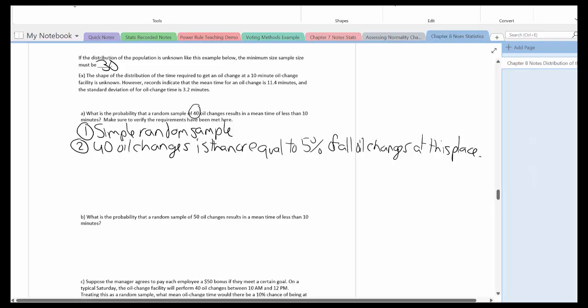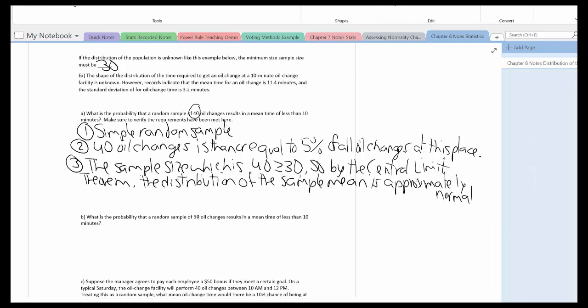Well, 40 is greater than 30. Okay? So the central limit theorem will tell me the distribution of the sample mean is approximately normal. So I'm going to write that out now. So the sample size, which is 40, is greater than or equal to 30. So by the central limit theorem, the sampling distribution of the sample mean is approximately normal.